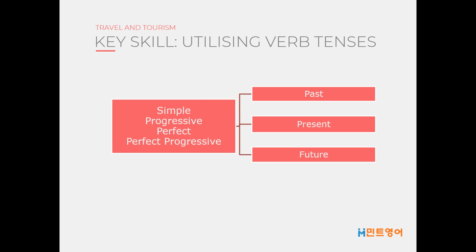These tenses are divided into four aspects: simple, progressive, perfect, and perfect progressive. However, not all these tenses are commonly used in the speaking test. The most common tenses used in the speaking test are the simple tenses: past, present and future, present perfect and present progressive.